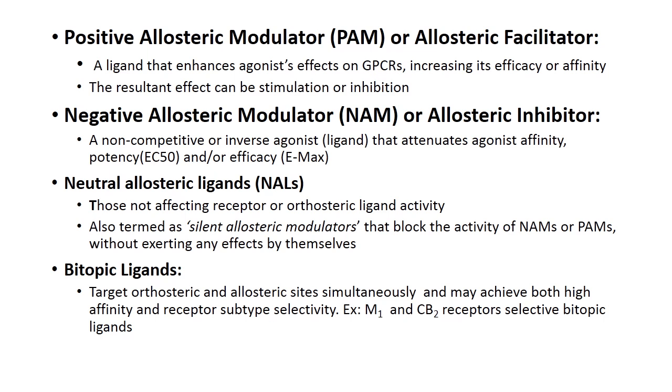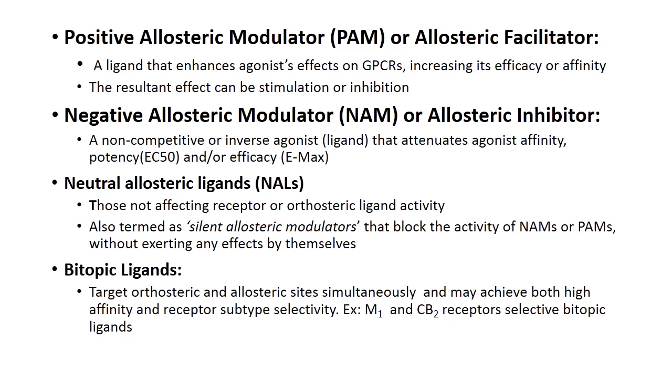They are also known as allosteric facilitators. A ligand that enhances agonist effect on receptors, thereby increasing efficacy, affinity, or both. The resultant effect can be further stimulation or inhibition of the activity.